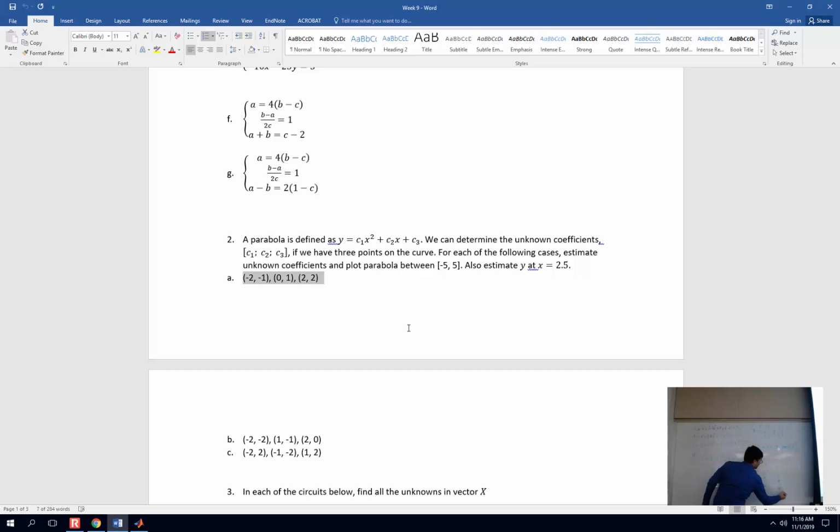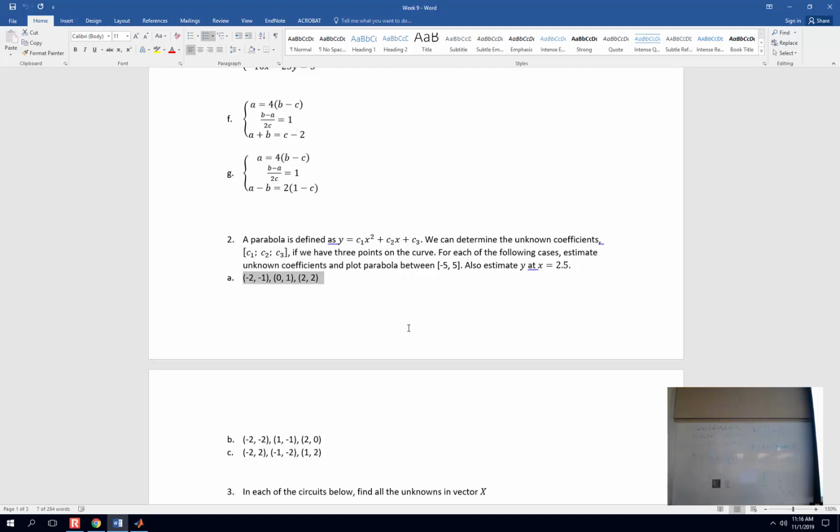So the first column is coefficients for c1, the second is coefficient for c2, the third is coefficient for c3. Coefficient for c1 is x squared. Coefficient for c2 is x. Coefficient for c3 is 1.